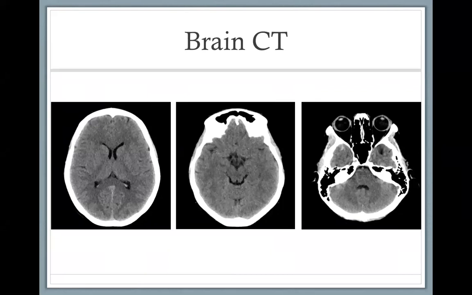So this is a brain CT. I will take you through the anatomy, but I want you to remember whatever we learned in the lecture when we talked about why things appear in such an appearance. The first thing when we look at an image in CT is to ask, what kind of window is this?